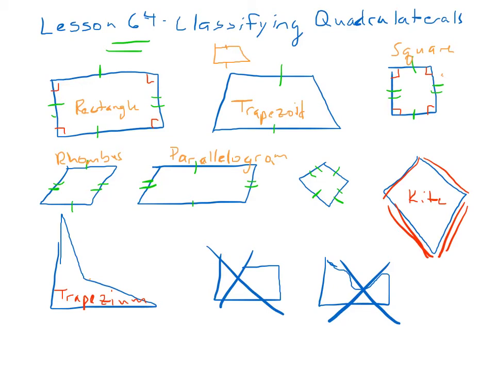So let's go on to Example 1. It says, is the following statement true or false? All parallelograms are rectangles. Well, we'd have to say no. And the reason I can say no is because this is a parallelogram, but it's a rhombus.